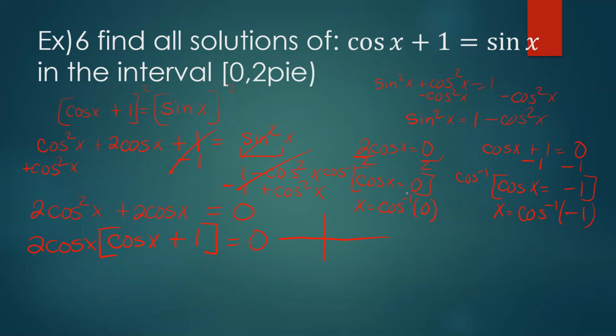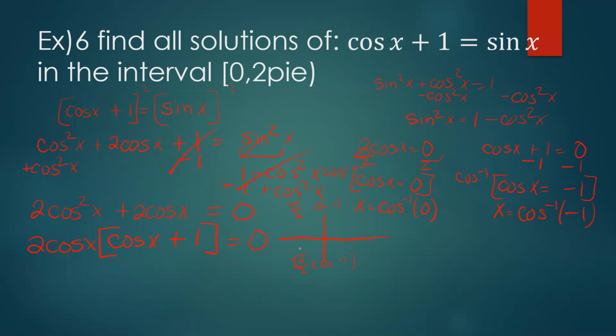So what they're saying is what angle in radians is going to give you a cosine of 0? That would probably be pi over 2, because that has a coordinate of (0, 1). And where else does cosine give you 0? 3 pi over 2, right? Because that has a coordinate of (0, -1).